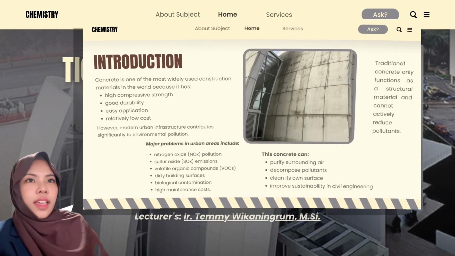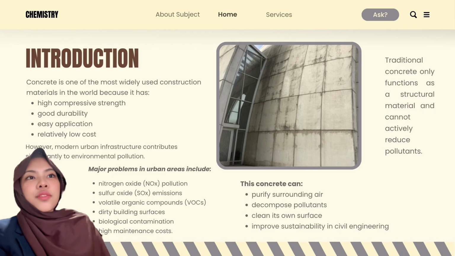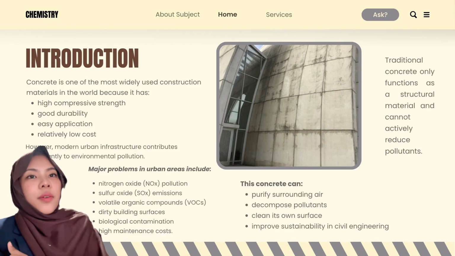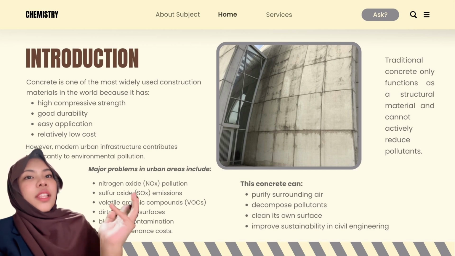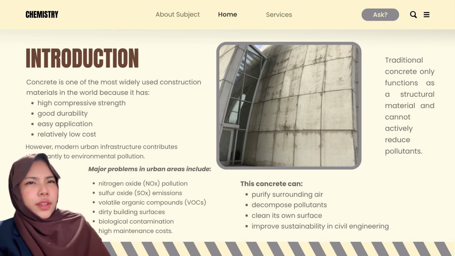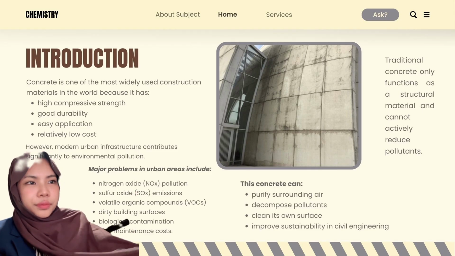Okay, so the next slide. Introduction. Concrete is one of the most widely used construction materials in the world because it has high compressive strength, good durability, easy application, and relatively low cost. However, modern urban infrastructure contributes significantly to environmental pollution.